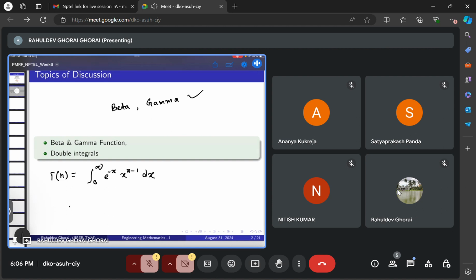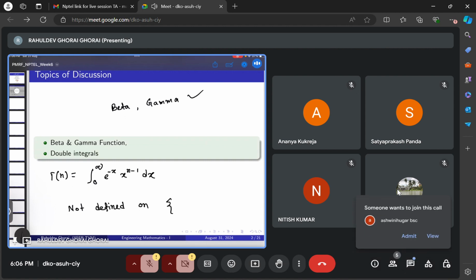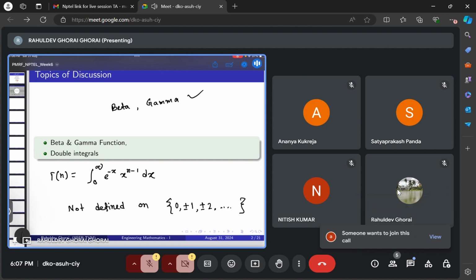This is called the gamma function, which is not defined, as far as I know, over the negative integers. For negative fractions it can be defined, but not on the negative integer set.